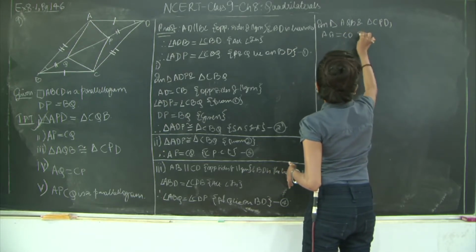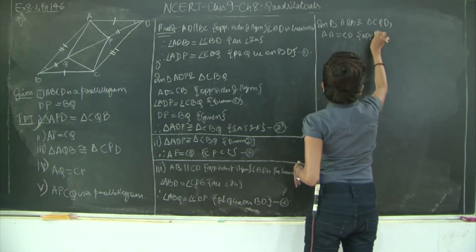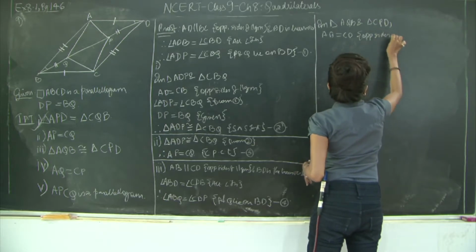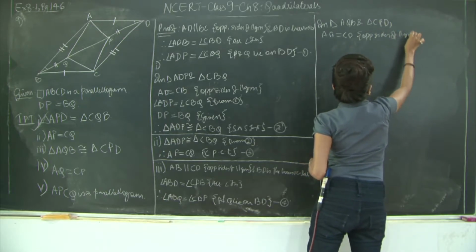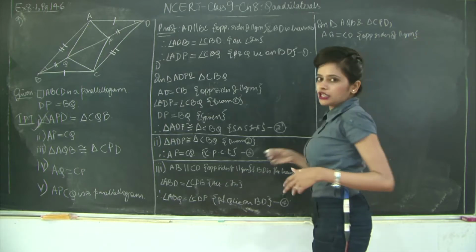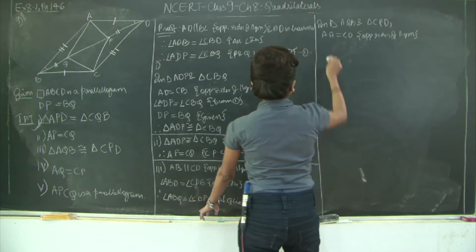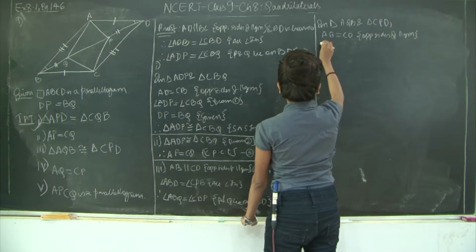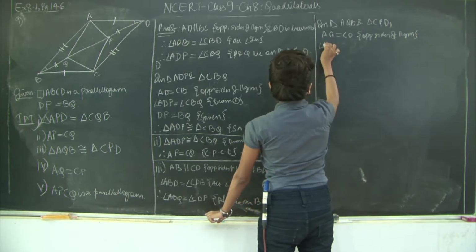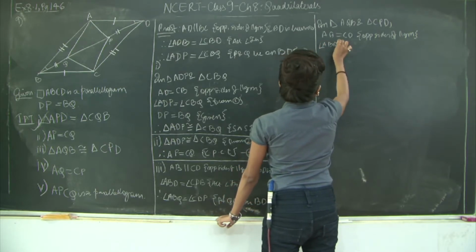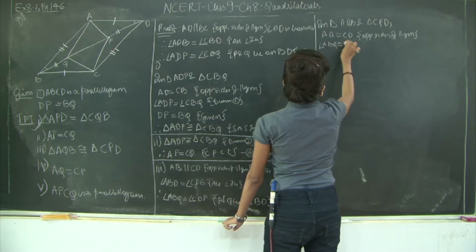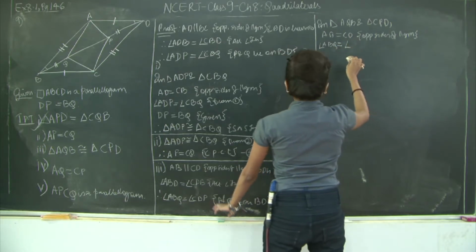Why? Because they are the opposite sides of a parallelogram. We know that opposite sides of a parallelogram are parallel and equal. And we will take reference from equation 4. Angle ABQ is equal to angle CDP.